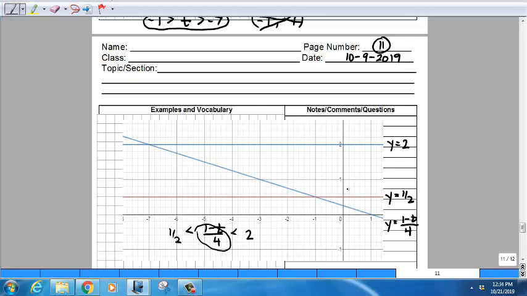There's the piece where 1 minus t over 4 is between 1/2 and 2. Where does that start on the horizontal axis? Where does this piece where the line is between the 2 horizontal lines start? Where does that look like? Right here? -7, right, okay? It starts right there at -7, okay?